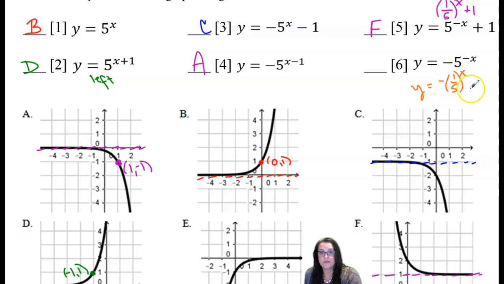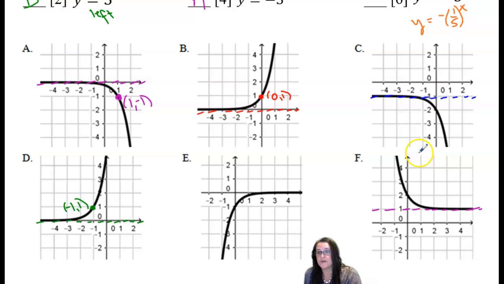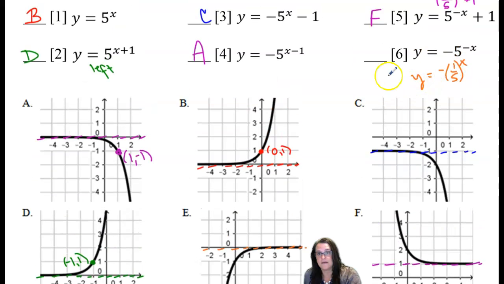So we have a horizontal asymptote along the x-axis, a reflection in the x-axis, so it's flipped upside down, and it's an exponential decay function, so it starts out steep and gets shallow. And so we can see here in graph E, this slope starts steep, it gets flatter, flatter, flatter as we head off to the right, and that would make E our graph for number 6.